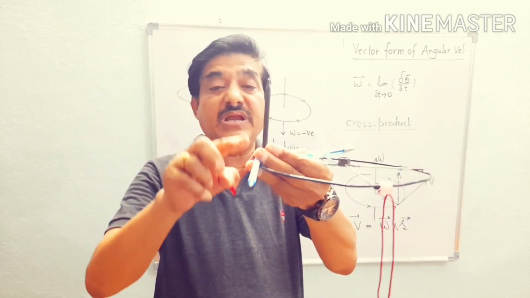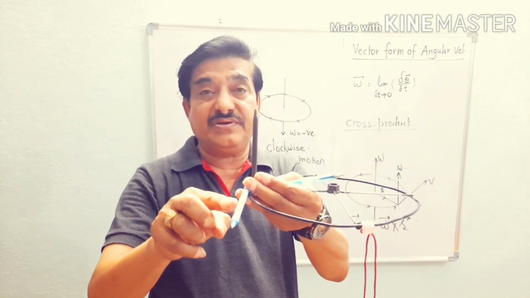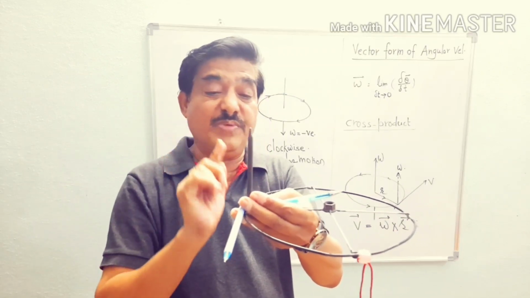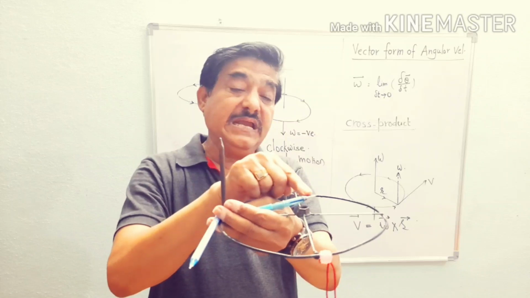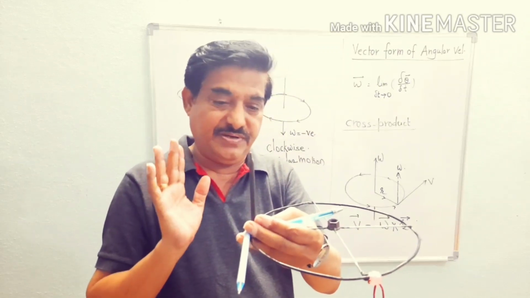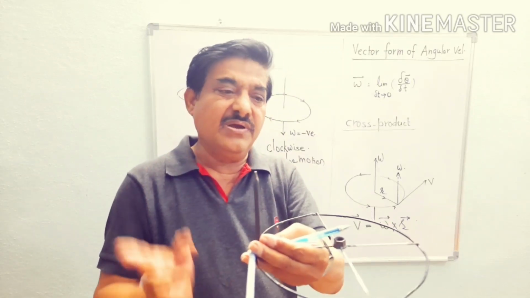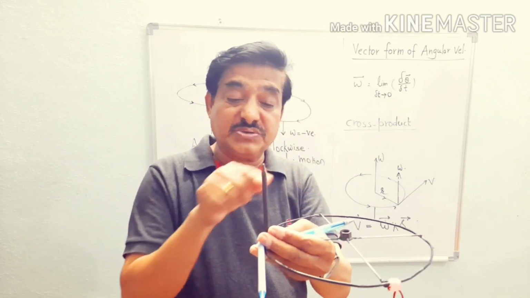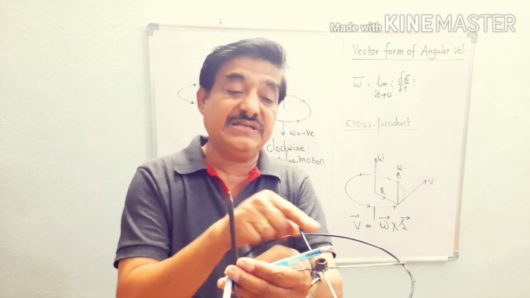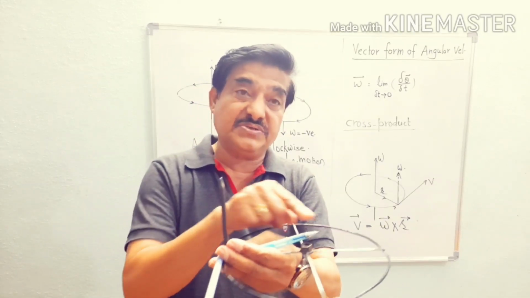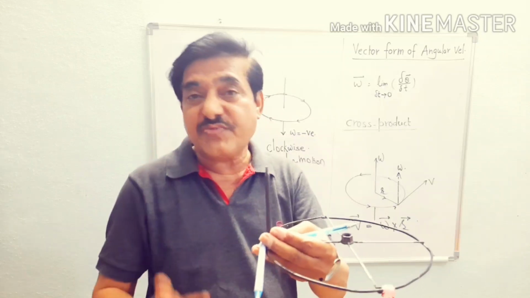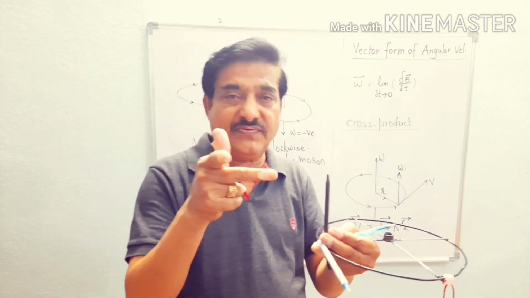So these are three vectors: the velocity vector, which is tangential to the circular path, the angular velocity omega, and the negative radius vector. Negative radius vector means the radius vector is directed from center to circumference, and this vector is directed from circumference to center. So assign each vector along each finger.